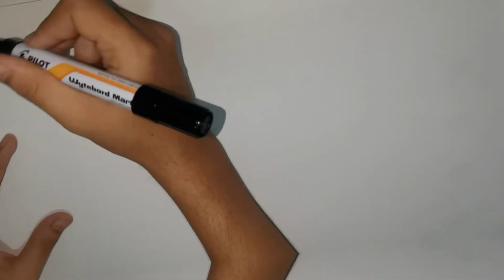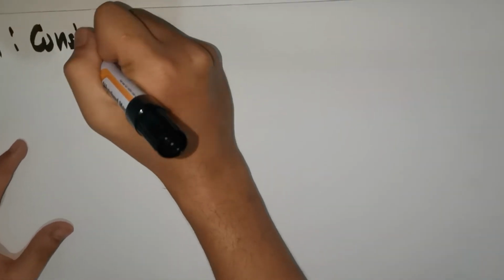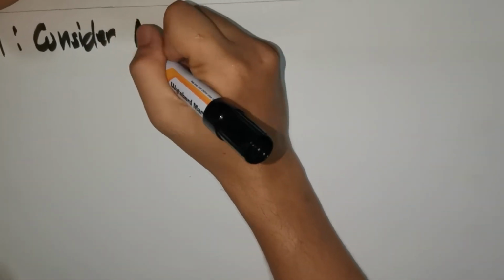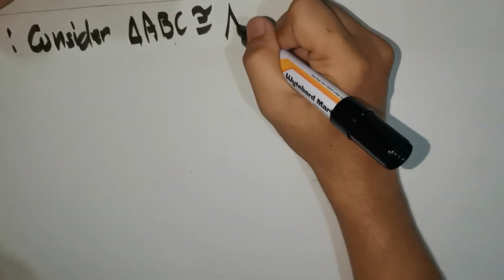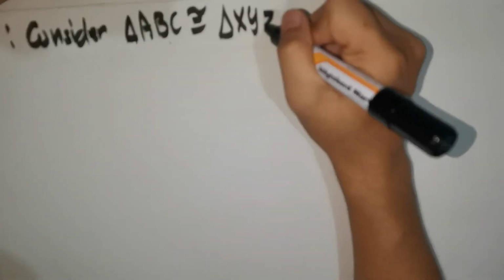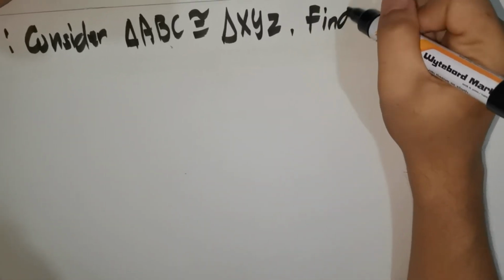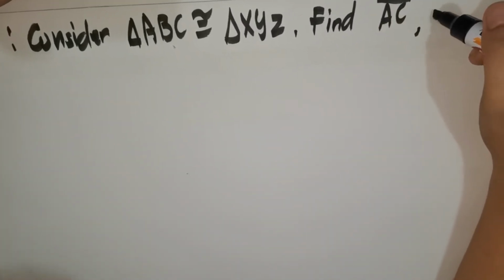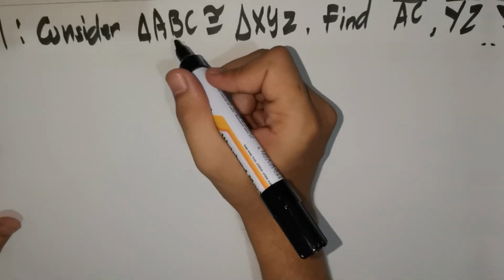Okay, so again, let's go with example number 1. It says, consider triangle ABC is congruent to triangle XYZ. Now, let's find the measures of AC and YZ. Okay, so the first thing is draw your triangles.